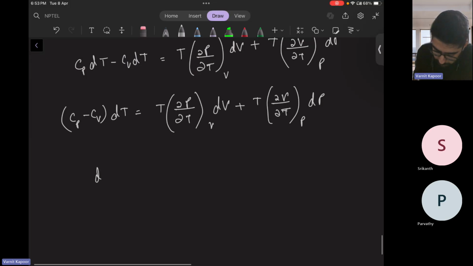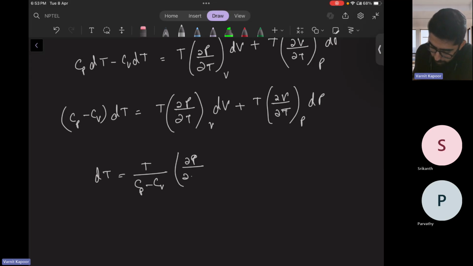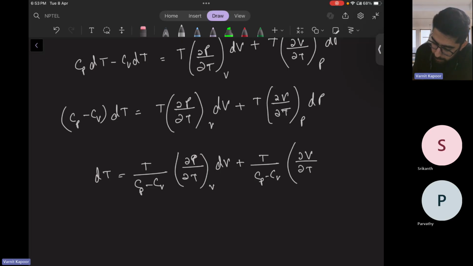So your dT can be written as T by (Cp minus Cv) times (dou P by dou T at V) dV plus T upon (Cp minus Cv) times (dou V by dou T at P) dP.